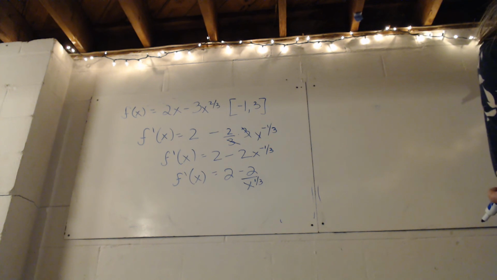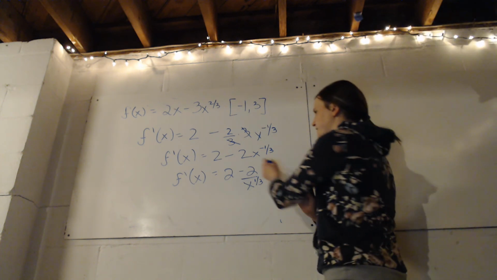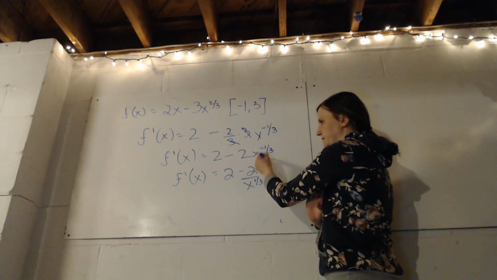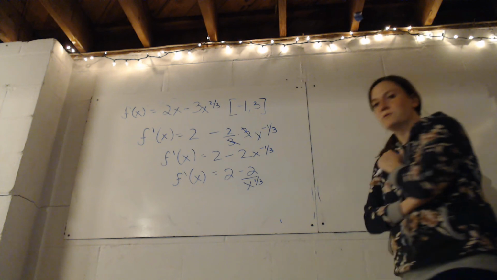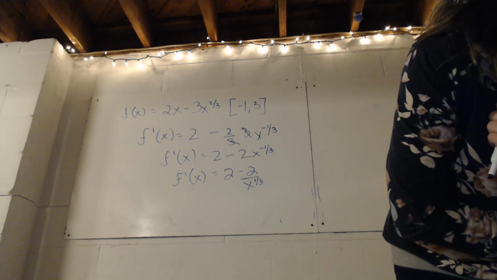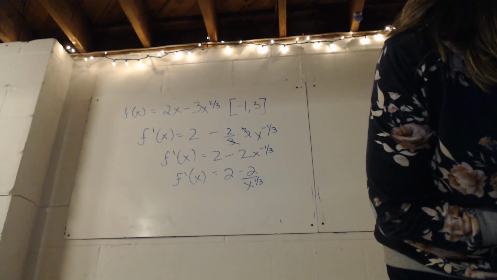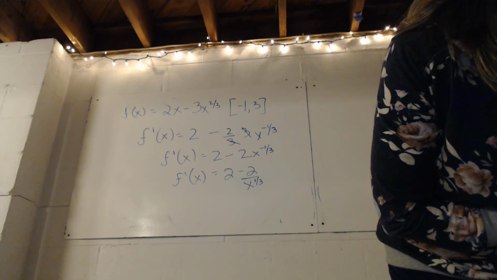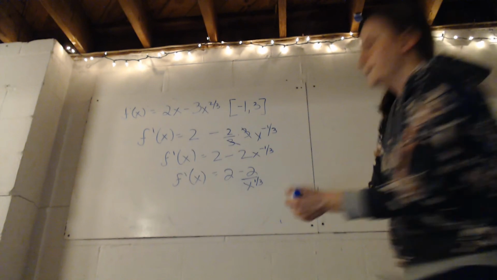So when is this 0 or undefined? It is 0 or undefined when this value is 2, right? So we're going to set it so this value is 2. So the critical points occur when x is equal to 0 and 1.